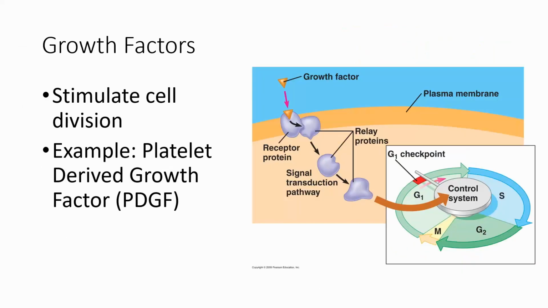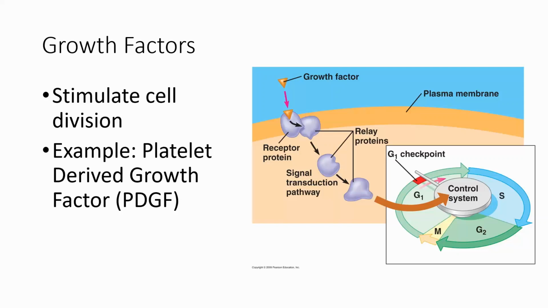So growth factors, and this is our overlap between our previous major topic and this one, are signaling molecules. They come to a cell, they bind to a receptor, and then they initiate a specific signal transduction pathway, which triggers you to move on past the G1 checkpoint and initiate cell division.